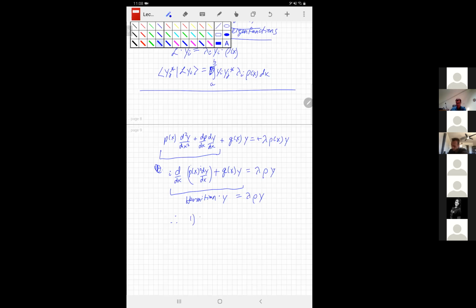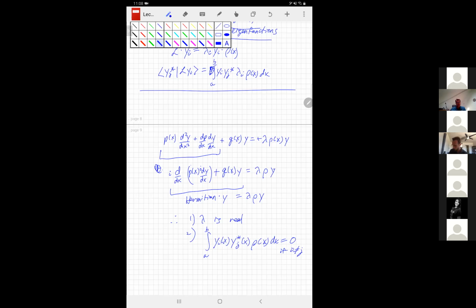Therefore, one, lambda is real, and two, the integral from a to b of y_i of x y_j star of x rho of x dx equals 0 if i is not j. We've been proving that over and over again.